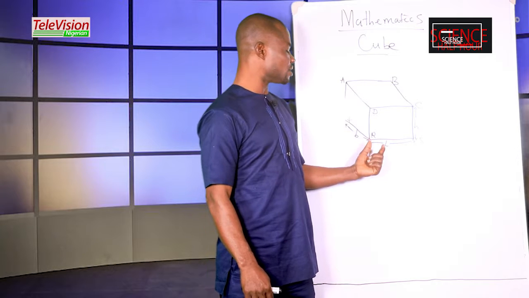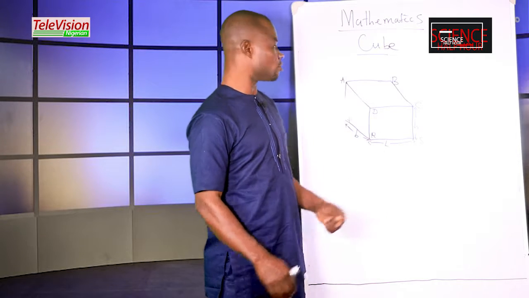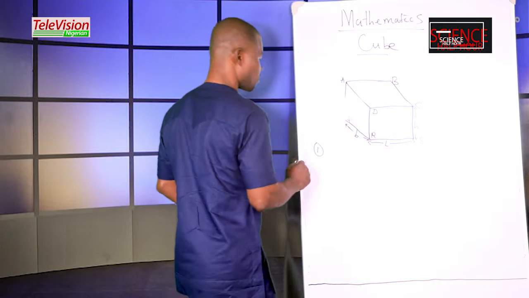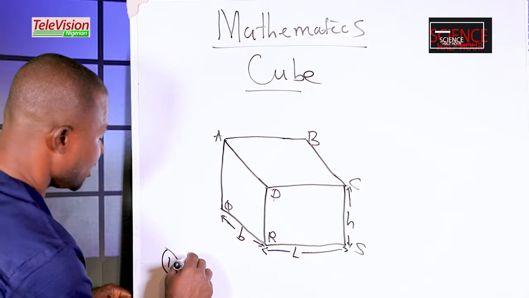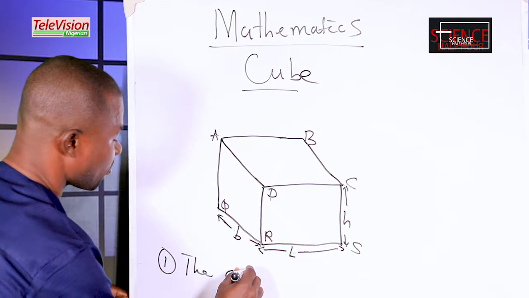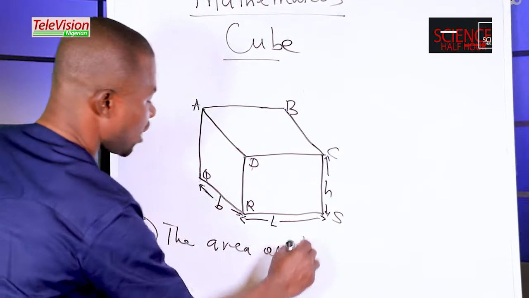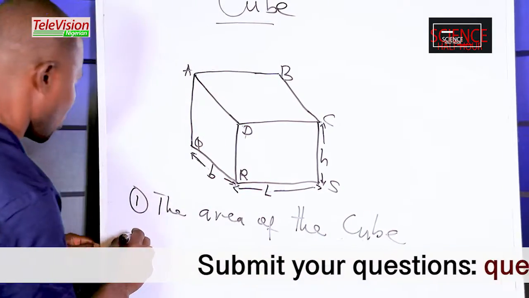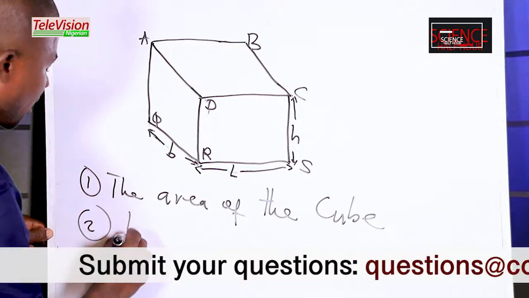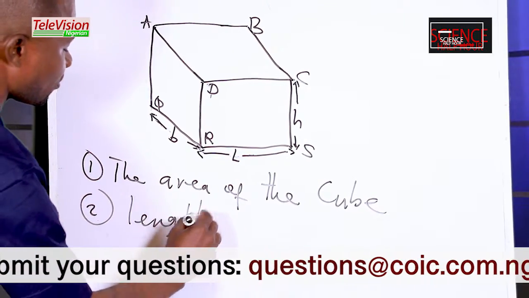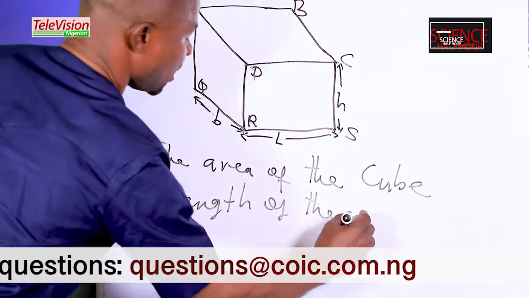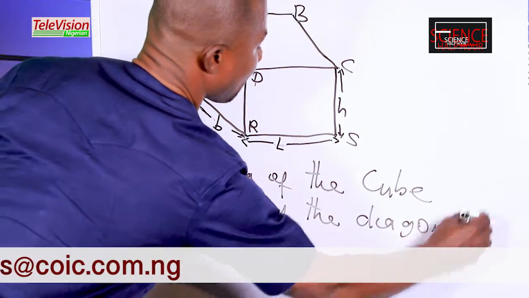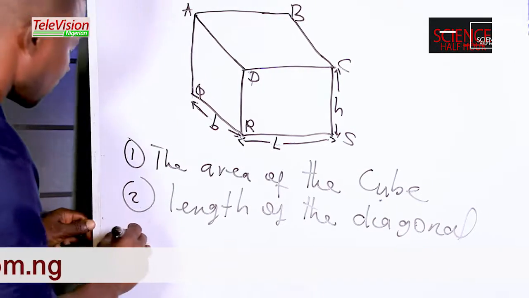There are 3 formulas derived when working on a cube. These formulas are: number 1, the area of the cube. Number 2, length of the diagonal.